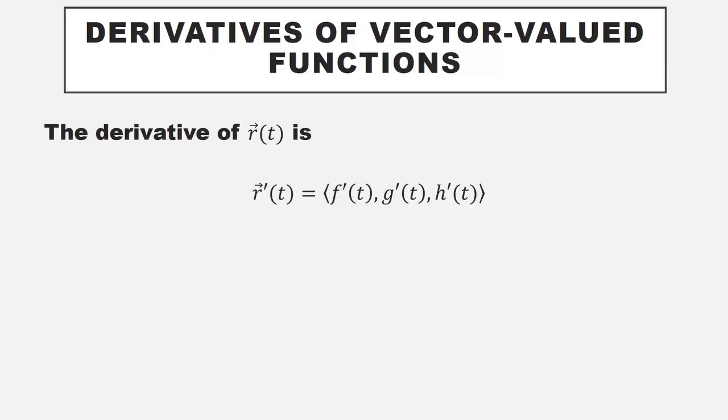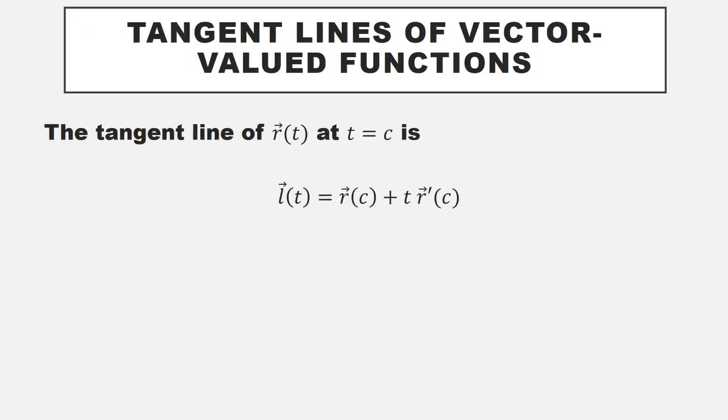Now, if you think about what the derivative is telling you, derivative should tell you a direction. And it's telling you the direction of the tangent line. So if we're in, let's say, 3 dimensions, we're getting a direction of the tangent line in 3 dimensions. So our line needs to be a line in 3 dimensions. And we can find that tangent line by knowing the direction and a point it goes through.